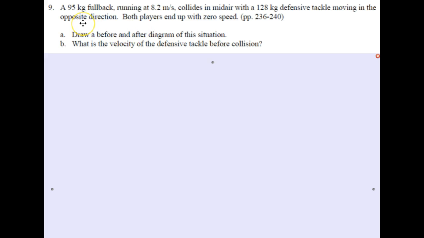So his initial velocity is opposite of the 8.2. Both players end up with 0 speed, so the final velocity of both players is 0. Draw a before and after diagram of this situation. What is the velocity of the defensive tackle before collision? So we're trying to find VI of the defensive tackle.